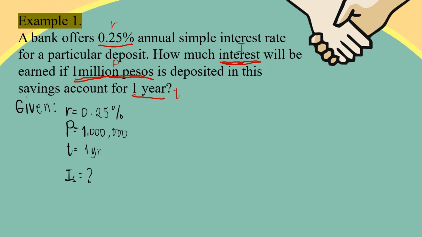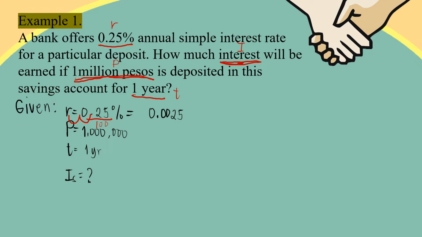So, sa rate, since naka-percent pa siya, gawin muna natin yung decimal. So, si 0.25%, i-divide mo lang yan sa 100 or move na lang tayo ng dalawa pa sa left side. Move tayo ng dalawa. Okay, so ang magiging rate natin ay 0.0025. So, yan yung i-input natin sa ating formula.